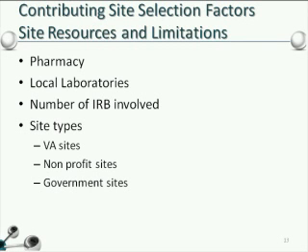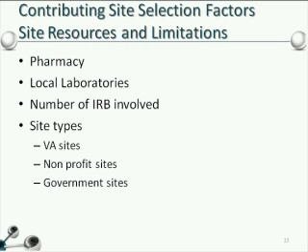Also, local laboratories: your availability of a local laboratory, your timeline for sending and also obtaining results, and also obtaining the appropriate licenses such as CLIA and CAP that are associated with the laboratory. Your number of IRBs that are involved. The more IRBs that are involved, that means more timelines.